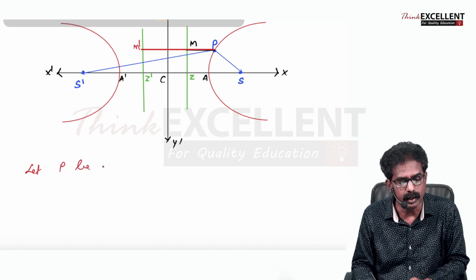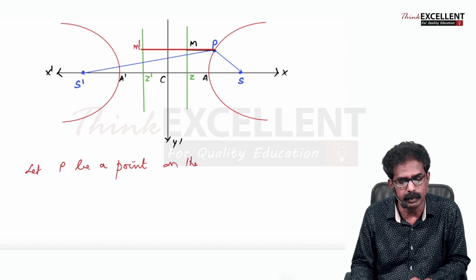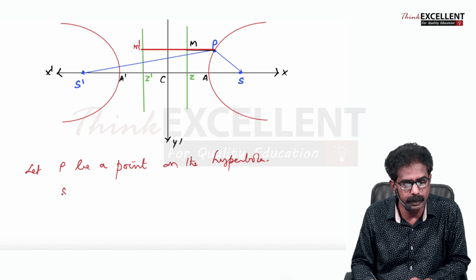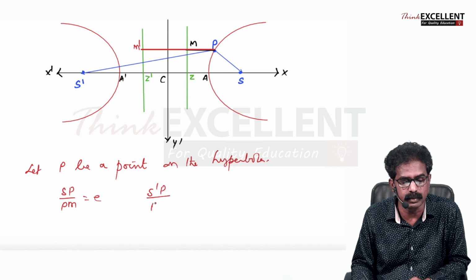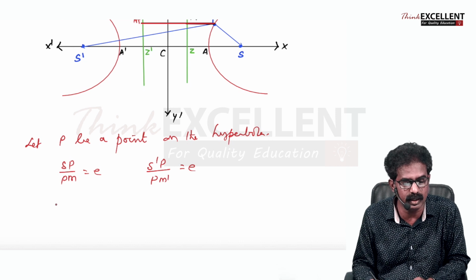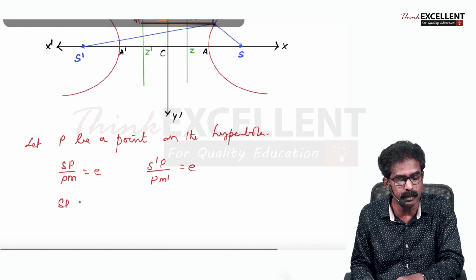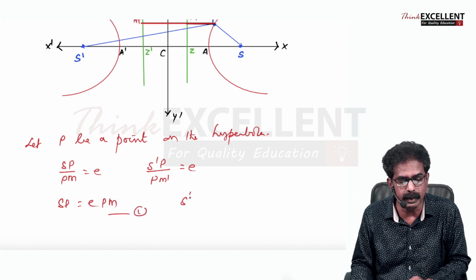Let P be a point on the hyperbola. Then SP by PM is equal to E, and S dash P by PM dash is equal to E, because we are using the second focus. Cross multiplying the first, SP is equal to E times PM, and the second is S dash P equal to E into PM dash.